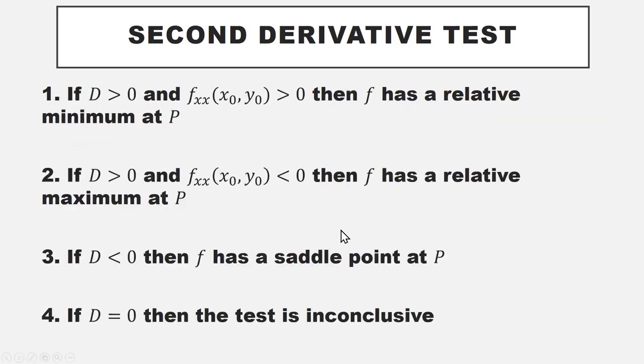And here's what happens. If that D is positive and f sub xx is positive at point P, then f has a relative minimum at P. If D is positive and f sub xx is negative, then f has a relative maximum at P. If D is negative, then f has a saddle point at P. And the only other option is when D is 0.